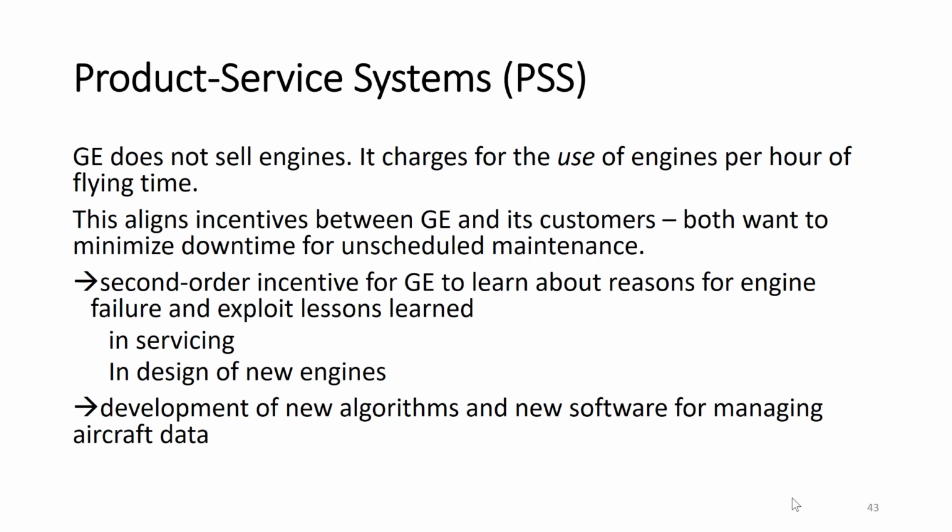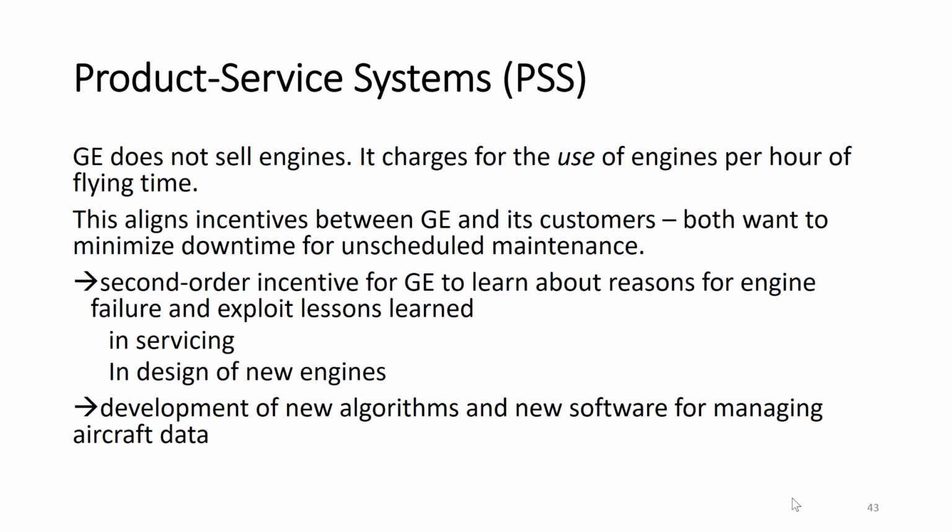Now what this means is that GE has to make sure that the engines are flying a lot. This means that GE has to ensure that the engines don't break. If GE sells the engines, it needn't care what happens to them once they've been delivered to the customer. It's the customer's responsibility to keep them in flying state.